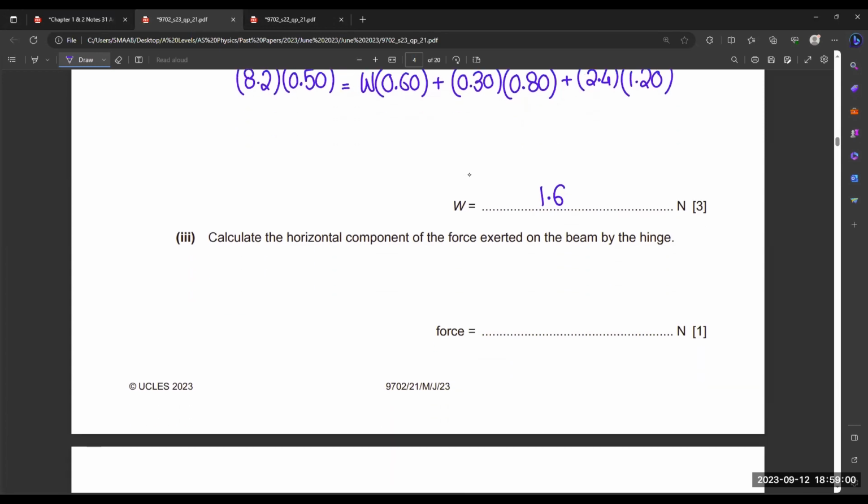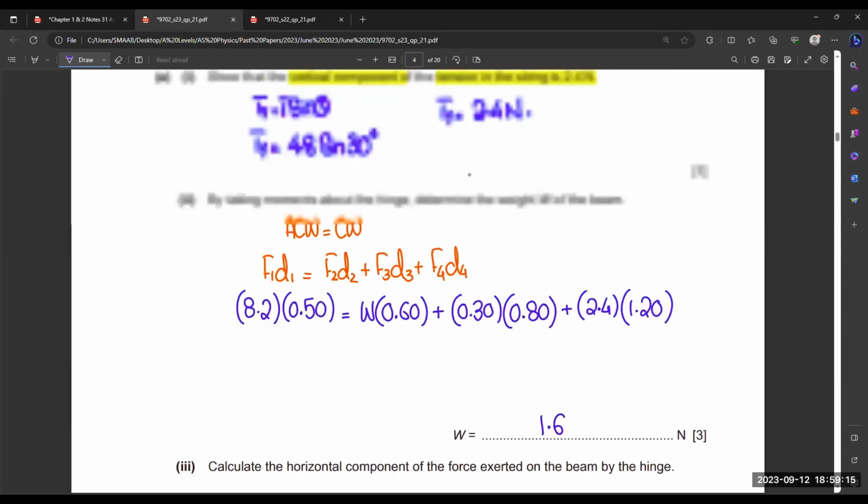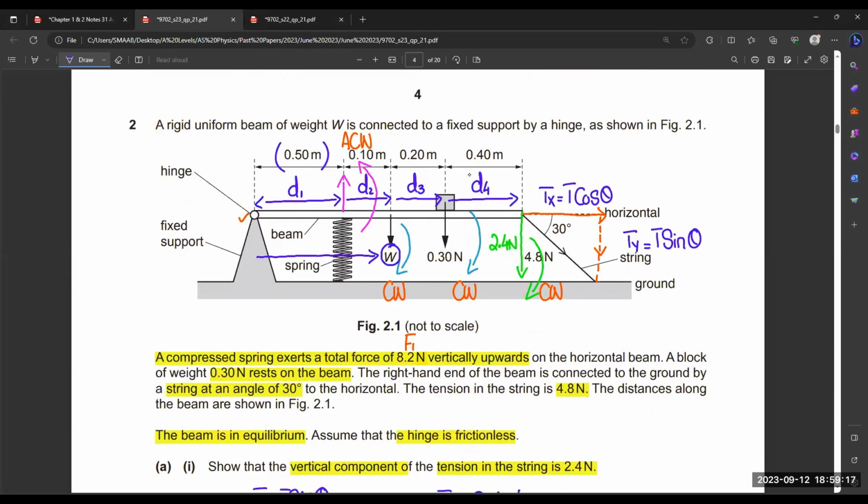And in the next part, calculate the horizontal component of the force exerted on the beam by the hinge. So basically, first we calculated the vertical component, and they are asking about the horizontal component. So for the horizontal component, you know what we need to do? We already wrote the formula over here. Force equals 4.8 cos 30.